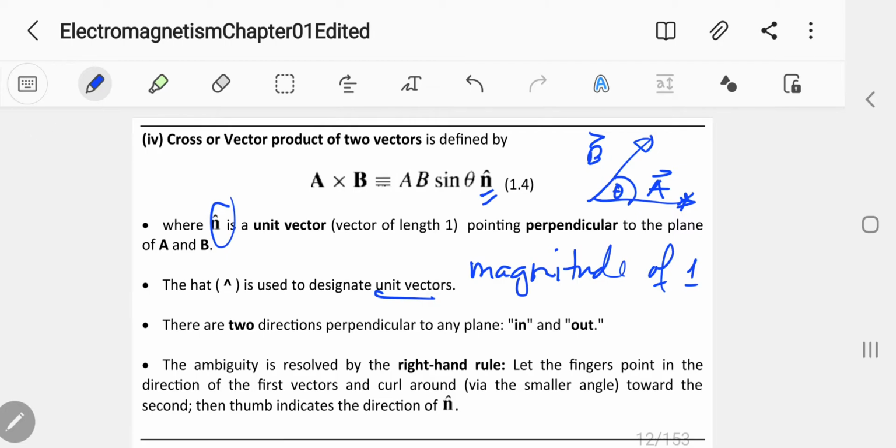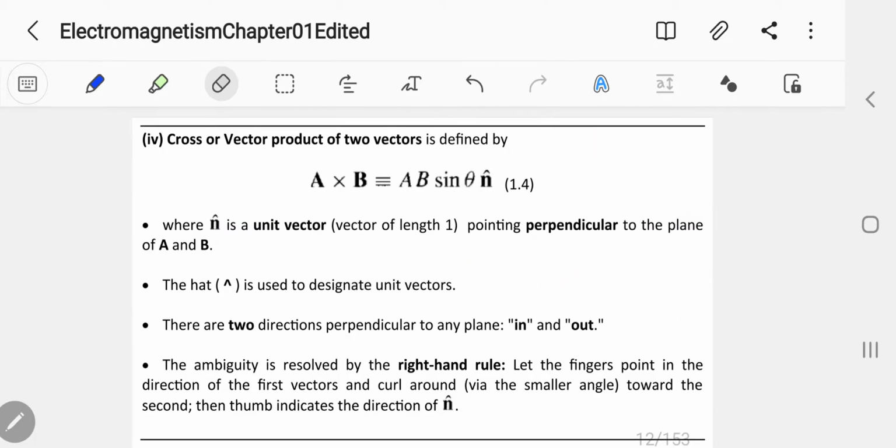What happens when we interchange B and A? So what happens is when we have B cross A, this is equal to negative AB sine theta N. This means that you're putting your palm to B and then you move your palm towards A. So your thumb now faces the opposite direction.